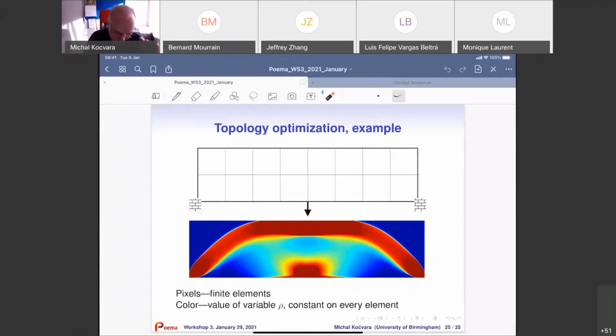You can think of it as the thickness of the material at that single point. It's not actually a point, it's a small rectangle. So naturally we get very many variables because we want to have as many pixels in the final figure as possible.